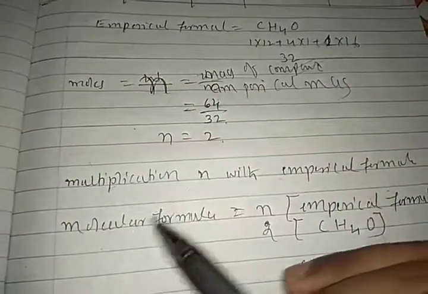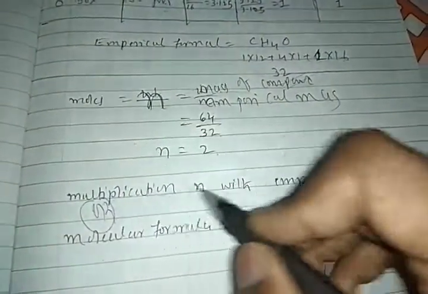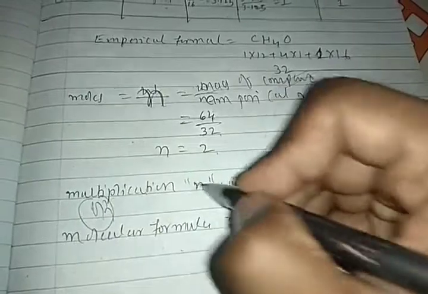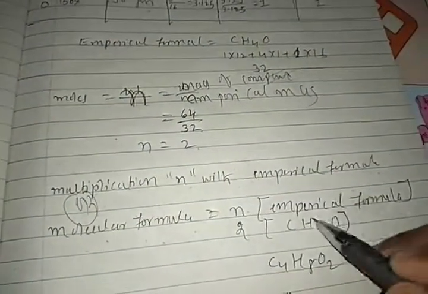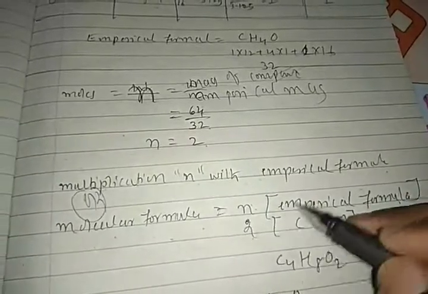So we know that the molecular formula is n into the empirical formula. So n value 2, CH4O.